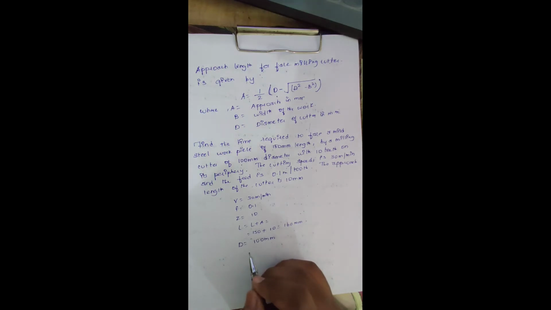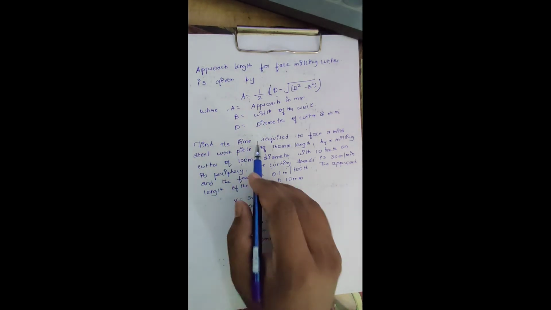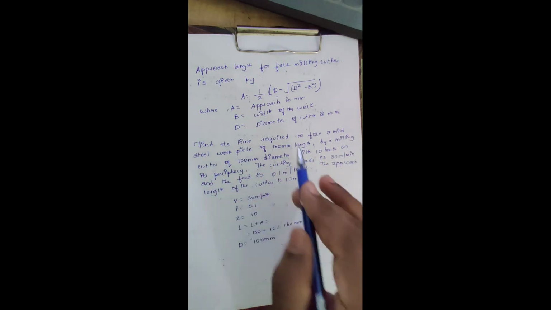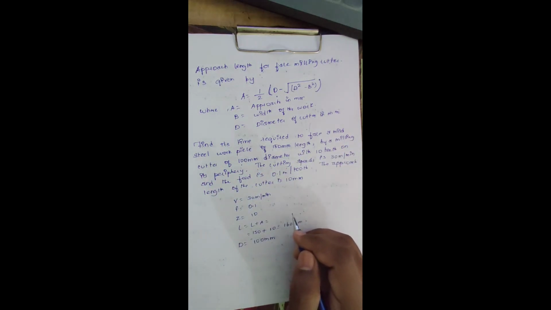Now what is the formula? In order to find the time required to face, we need to know the spindle speed, so first we calculate the spindle speed.